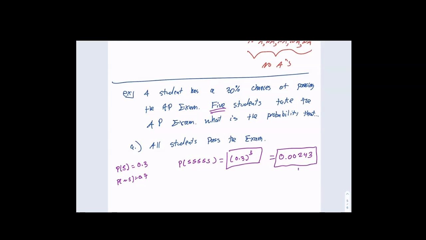Now, this is also 0.243%, but we want to leave the answer as points. Don't change it into a percentage. All right? So that's very small. There's less than half a percentage chance that if the probability of success was 30%, all 5 students would pass.